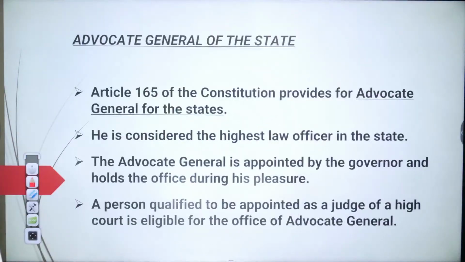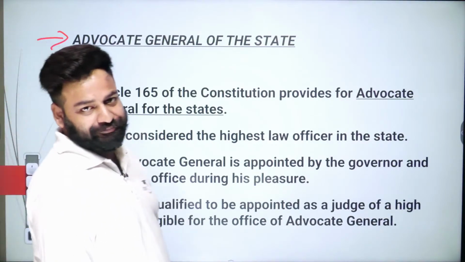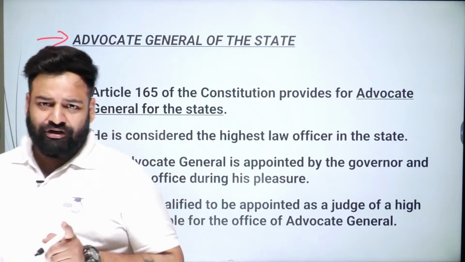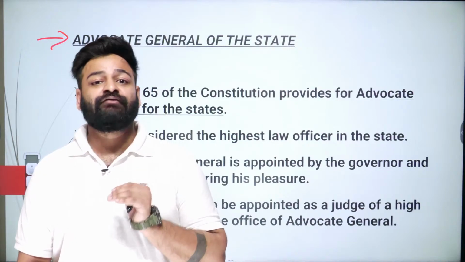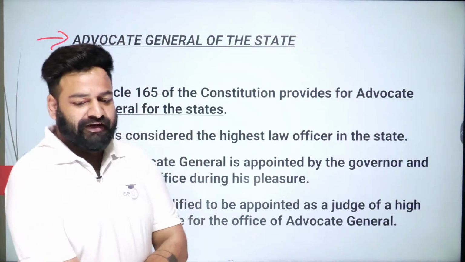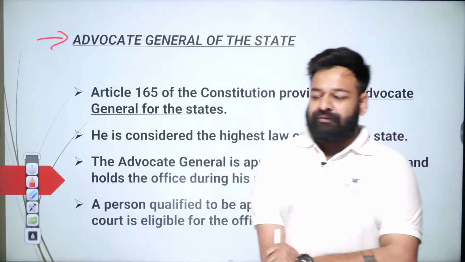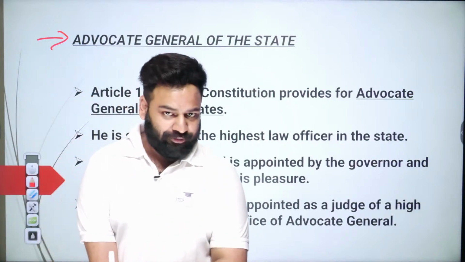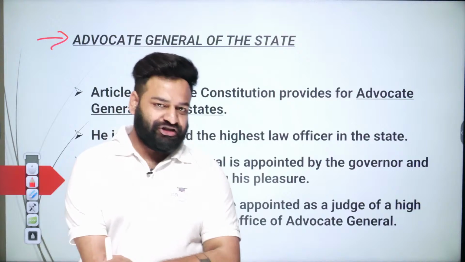Next, the Advocate General of the state. See guys, the very same way, we have the Attorney General of India. So for state governments as well, we have the Advocate General. The difference is, if the person is the advocate of the central government, then he or she will be referred to as the Attorney General of India.